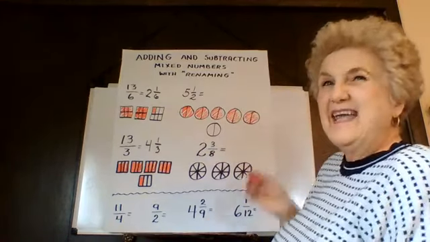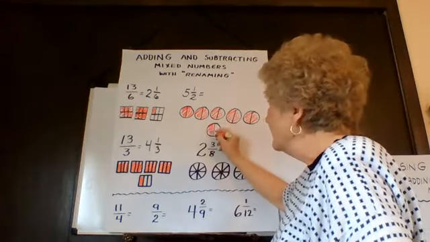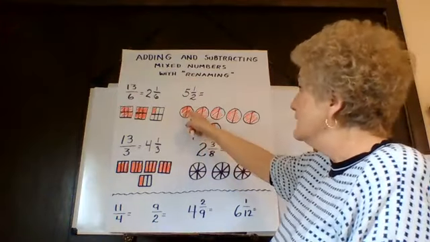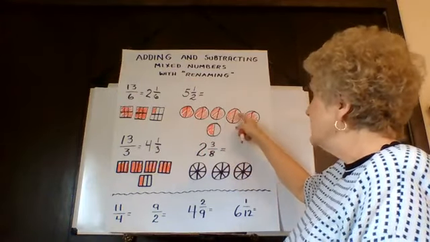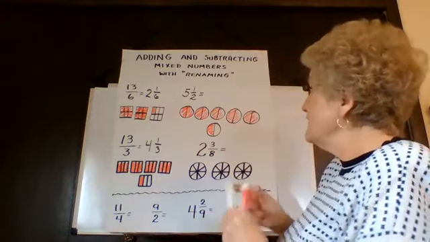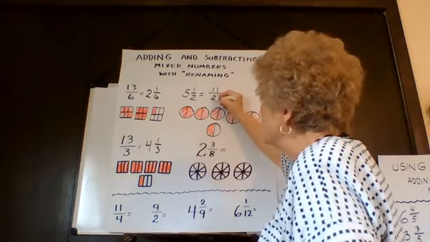Notice they're all divided into halves. They're not perfect, so please bear with me. And 1 more half. See, I'd have how many halves all total? 1, 2, 3, 4, 5, 6, 7, 8, 9, 10, 11 halves. So we've just, in picture form, changed 5 and 1/2 into 11 halves.